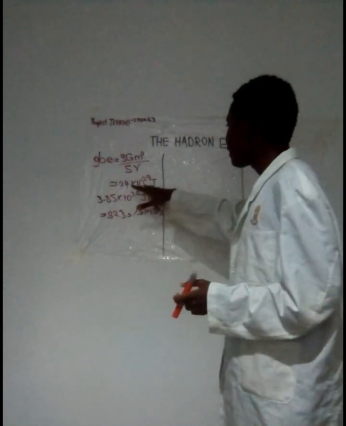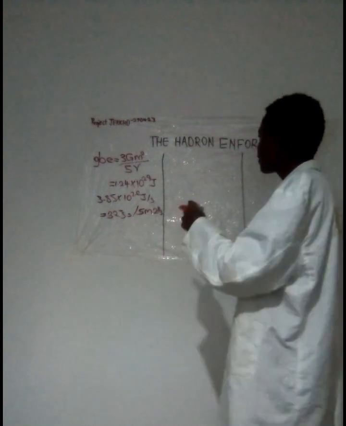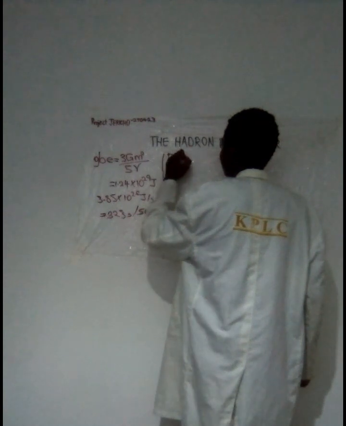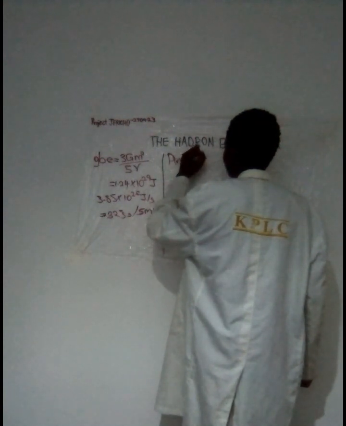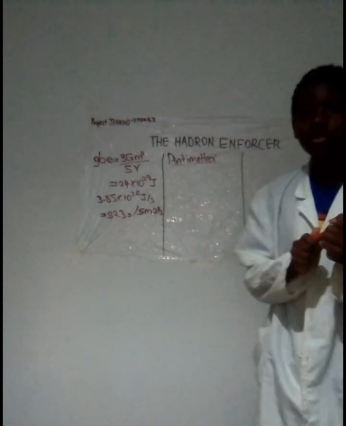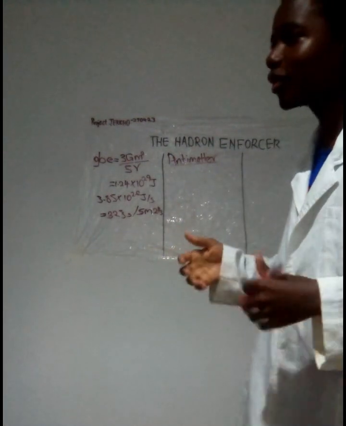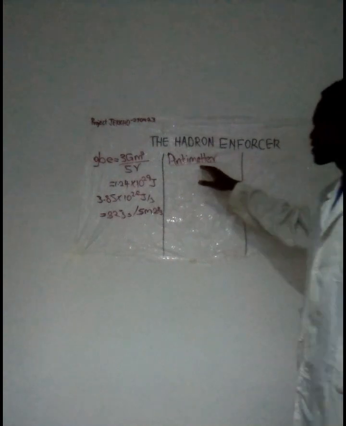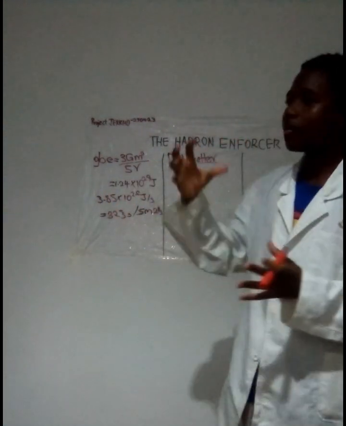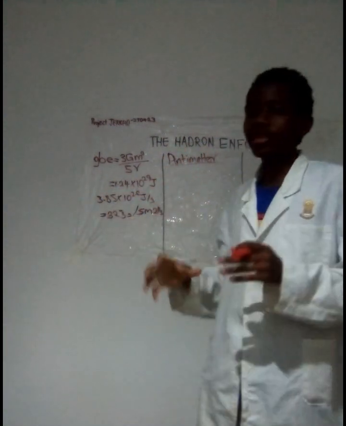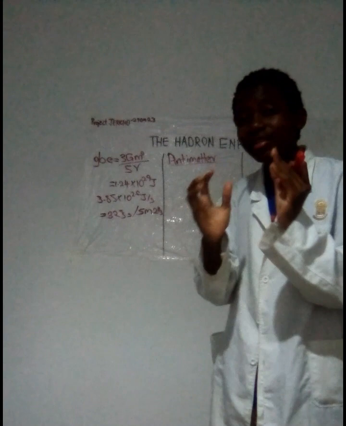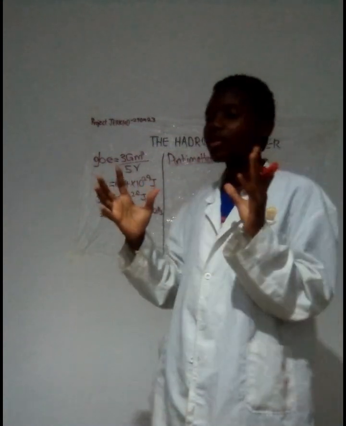So let's take into consideration antimatter. You may ask yourself, what is this antimatter you've been hearing about on the internet? Well, this is like the evil twin of normal matter. If we take a proton and an antiproton, the evil twin, when they come into contact, they turn into pure energy in something we call pair annihilation.